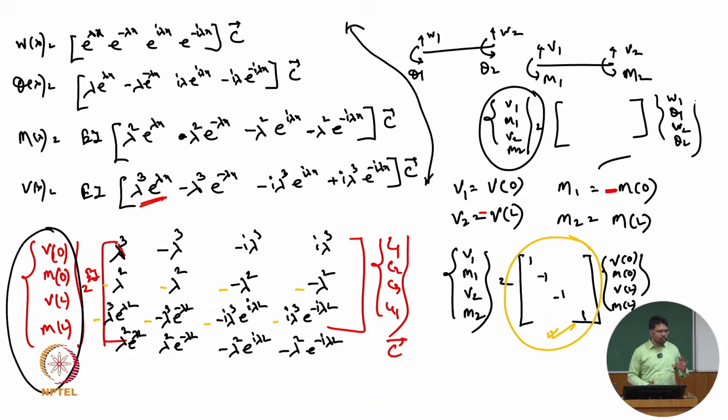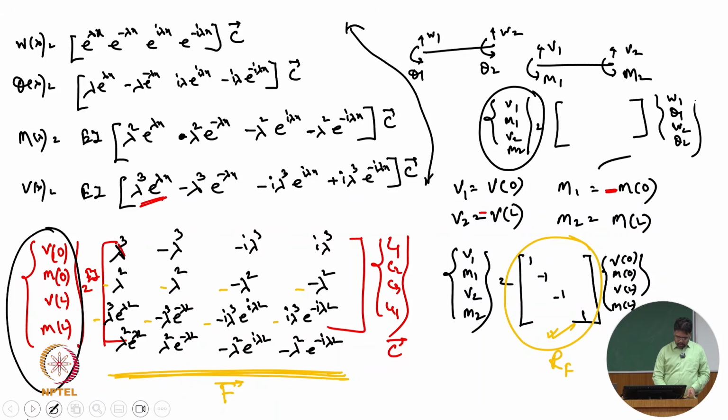Agreed? So this is my F matrix, this is the F vector, and this is the RF vector.